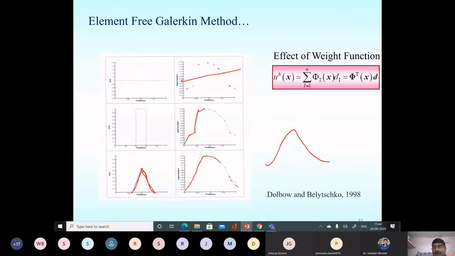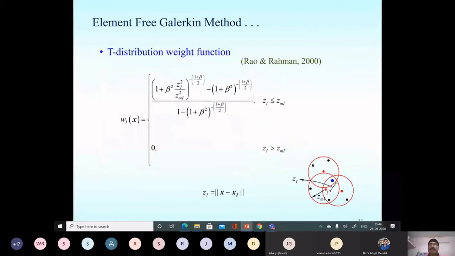Now the weight function options, there are plenty of them, because different people have used different distributions. As I said initially, the selection of the weight function is an issue here. Which one? Some people have used the T distribution function. If you look at Giarlio, he has specified cubic splines, quartic splines, and exponential weight functions.